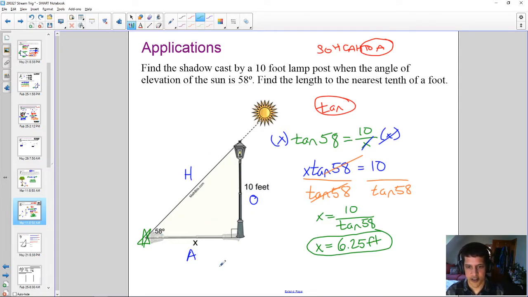Yeah, I guess so. Makes sense to me. Should be less, because this is an angle greater than 45 degrees. Cool. So there we go. That's how we use the three primary trigonometric ratios to find missing side lengths.